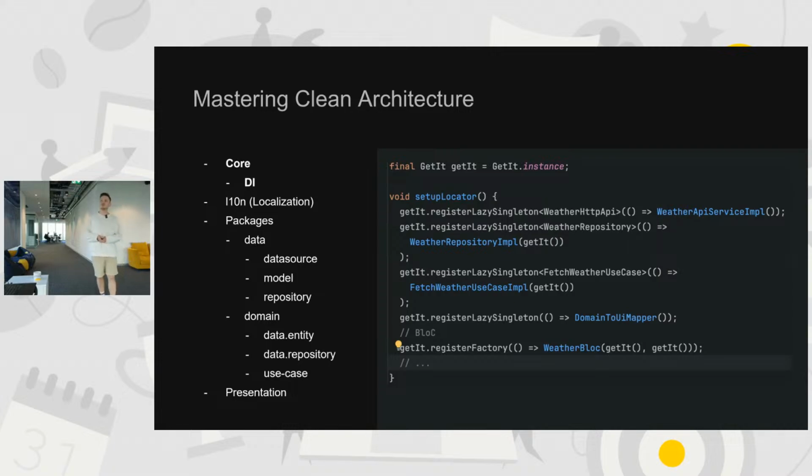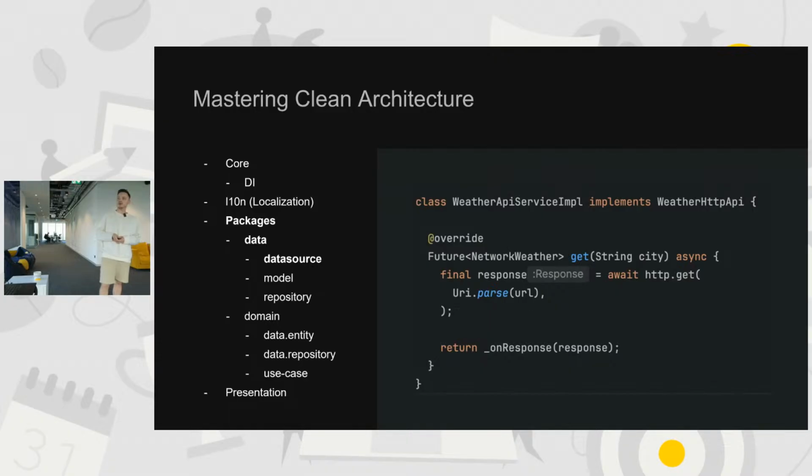Let's dive into the clean architecture of this small application. First of all, it is important to say that we have a DI implementation, which is actually a service locator. Here I just registered some instances and their interfaces in order to operate with their interfaces. Here is a data source. There's just a small API call: I call this URL and parse some data in order to respond with it.